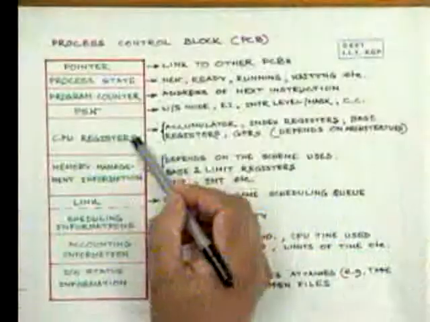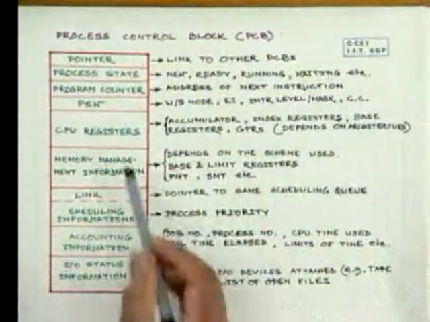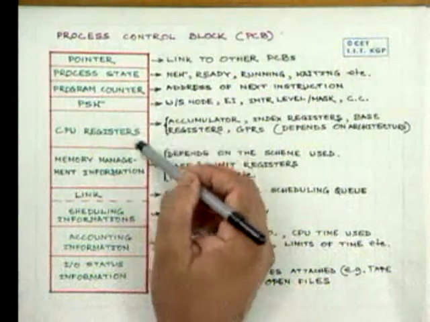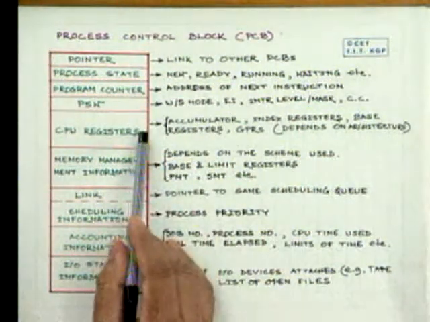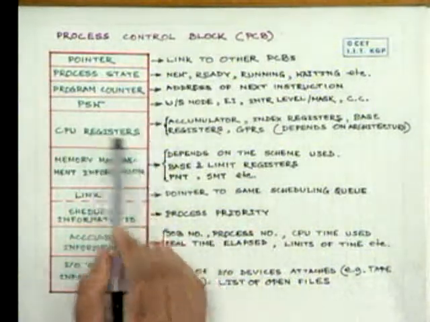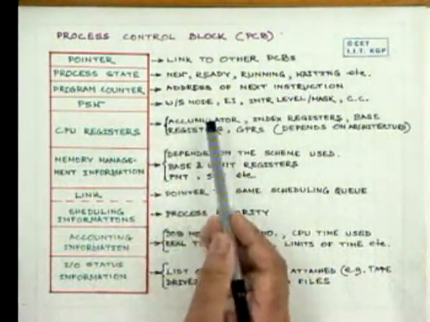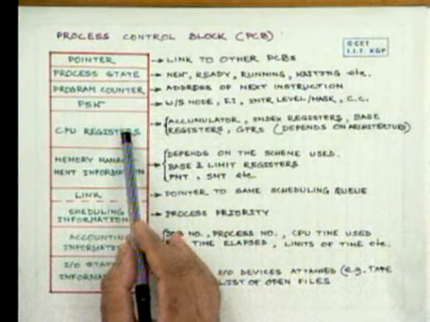For example, if one has to save all these registers by separate instructions, you can immediately say that the overhead time increases tremendously. Another important thing is that many central processing units have several sets of registers. That means if you switch from one process to the other, the register set is switched from one set to the other, and therefore no saving is necessary until the number of sets gets exhausted.